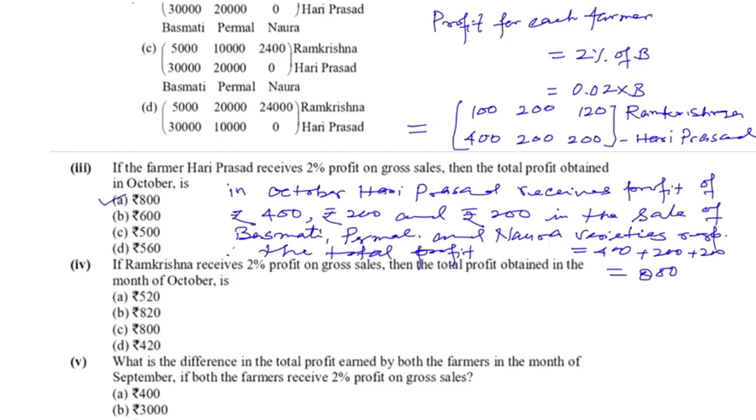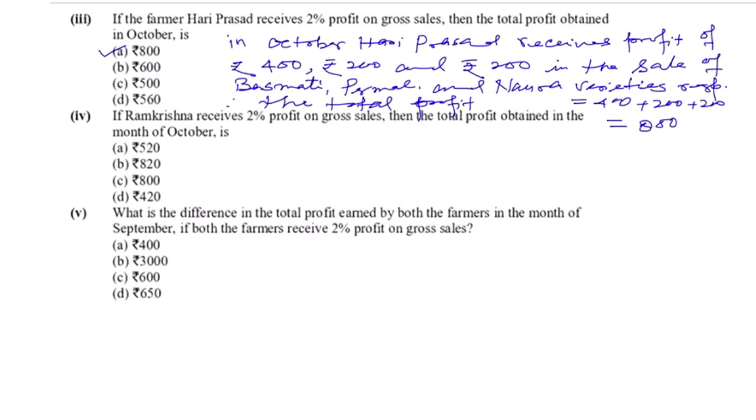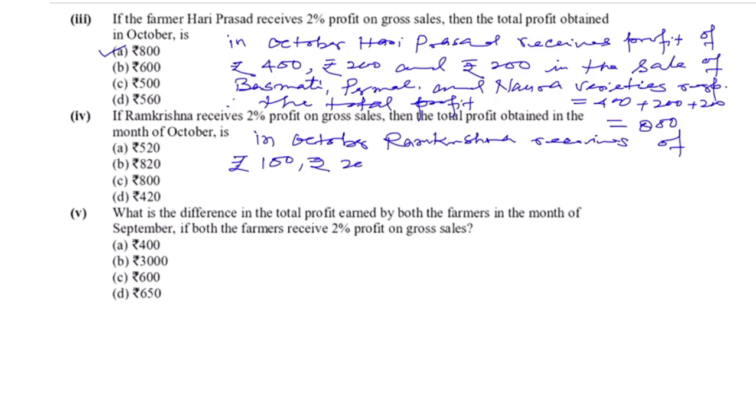In fourth part, if Ram Kishan received 2% profit on gross sale, then the total profit obtained in the month of October is. So from the third part, we write the profit of Ram Kishan in the month of October is 100, 200 and 120 in the sale of Basmati, Parmal and Naura.